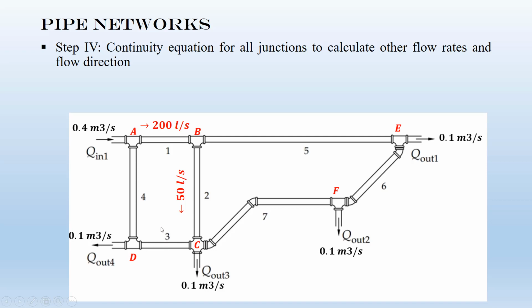So the volumetric flow rate in pipe 3 will be 100 liters per second, from left to right. Correct? So if you write the continuity equation for each junction, you can find both the flow direction and flow values in all pipes.